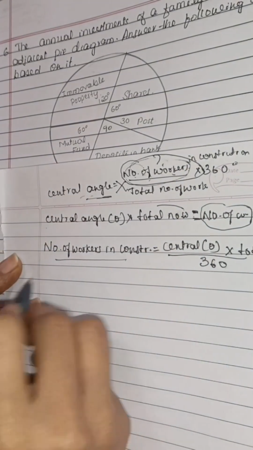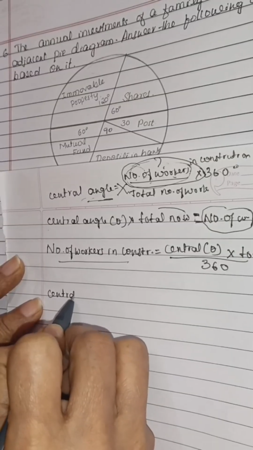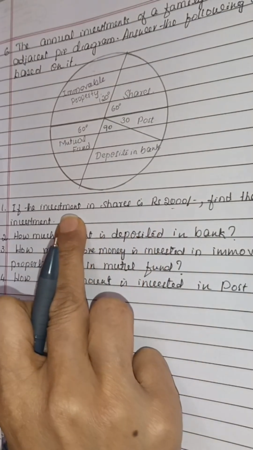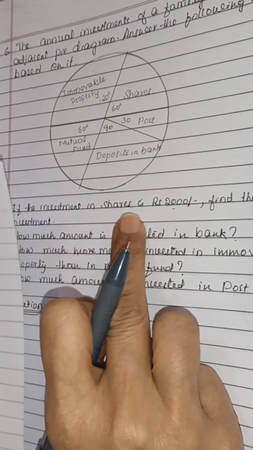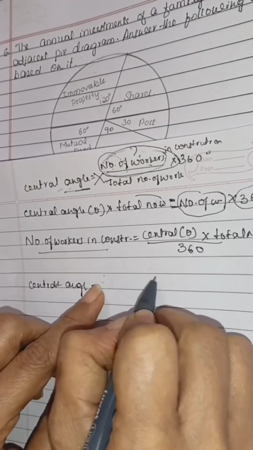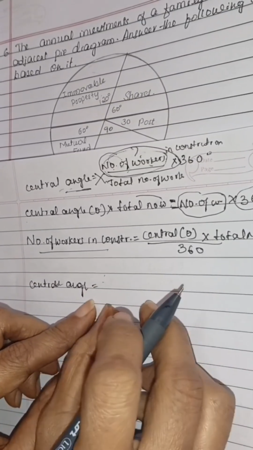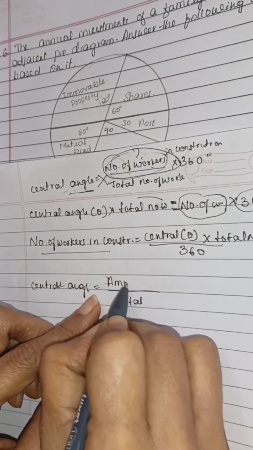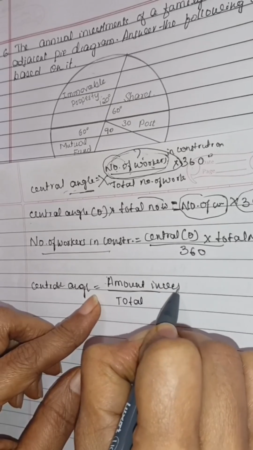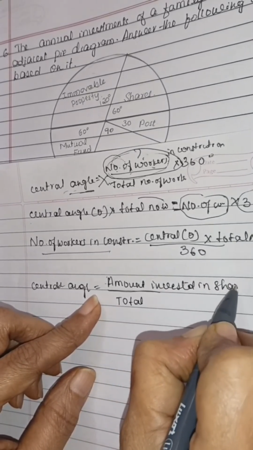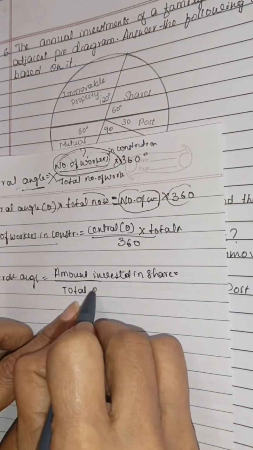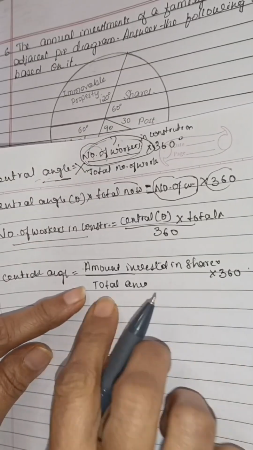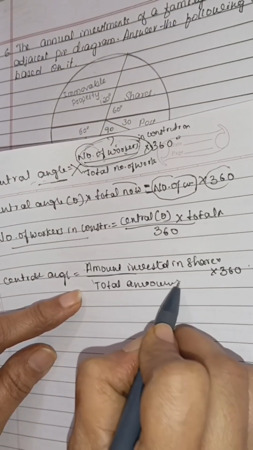Here the number of items is the amount invested in shares, which comes in the numerator, out of the total amount, multiplied by 360 degree. This is the formula. We have to find the total amount invested.